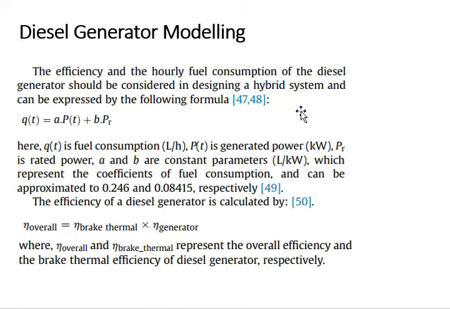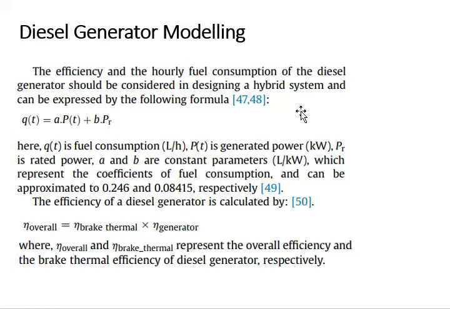So next, the modeling of a diesel generator. In the diesel generator, first of all you have to calculate the amount of fuel you are spending. From that amount of fuel, next you will calculate the operation and maintenance cost and the total cost of that diesel generator. So we will be modeling the total cost of this diesel generator in this case.